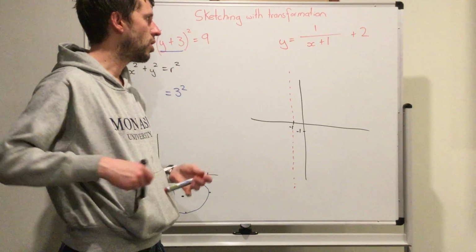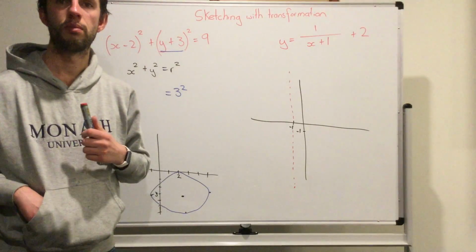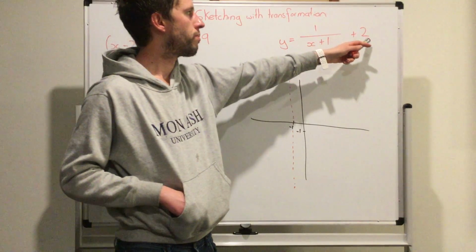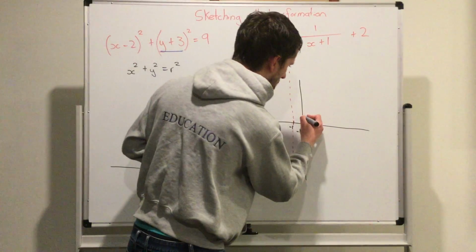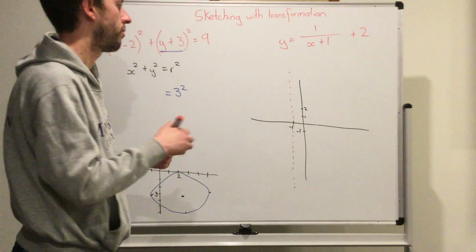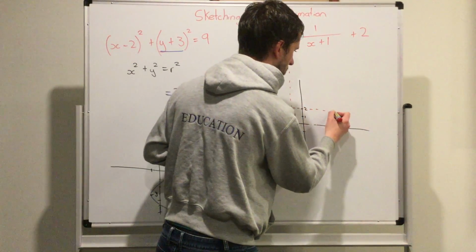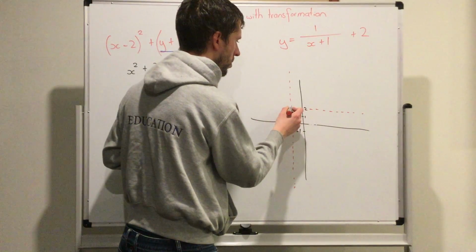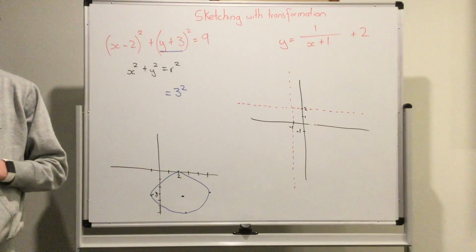That means when y is plus 2, it can't equal plus 2. So I will then go, okay, 1, 2. So those two are my asymptotes.